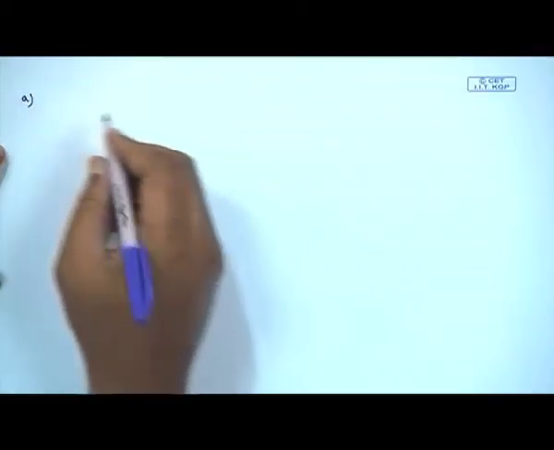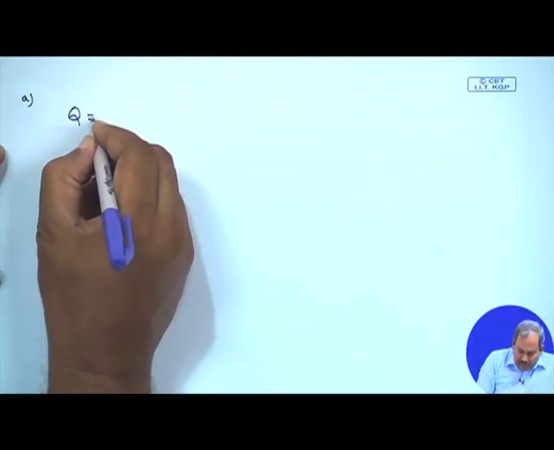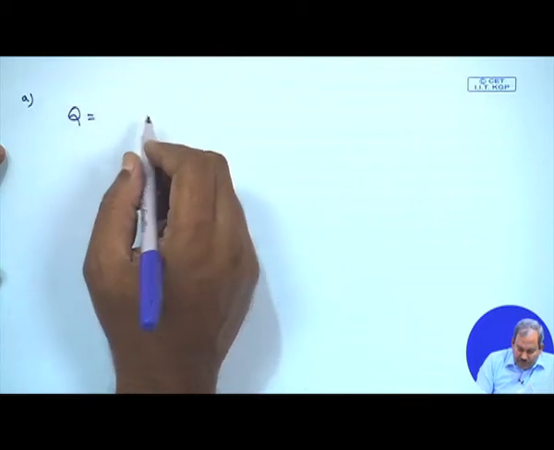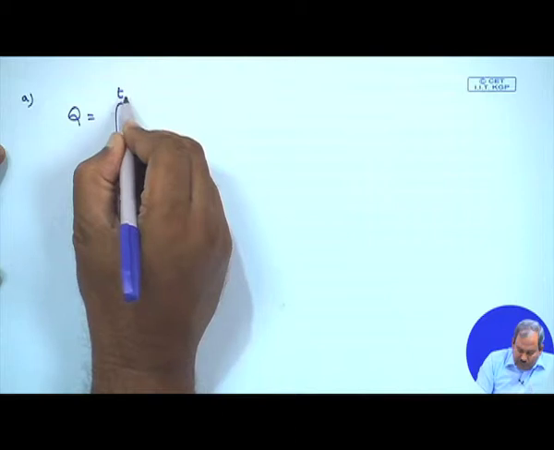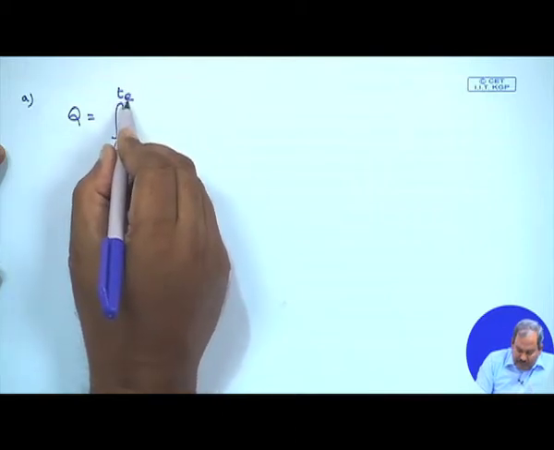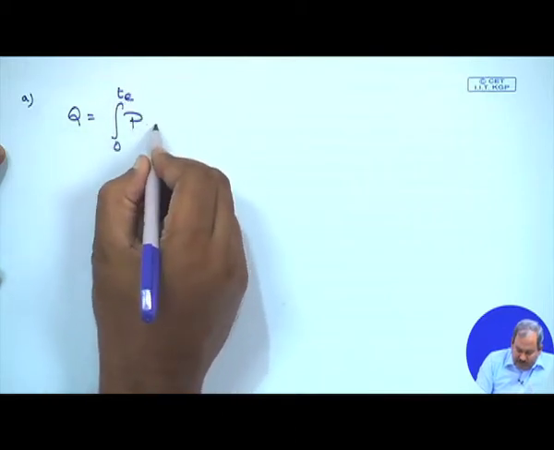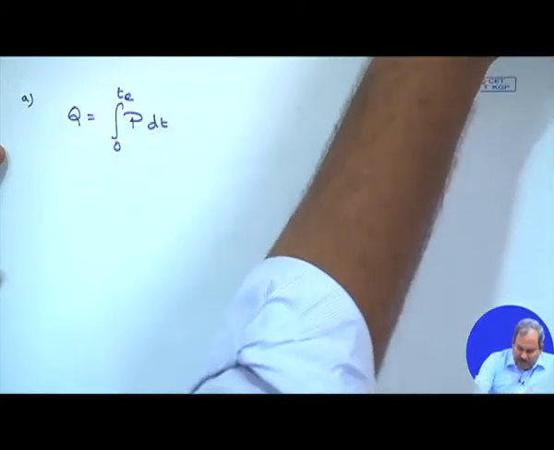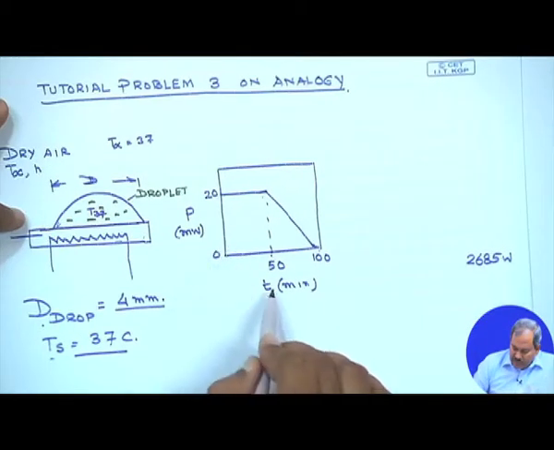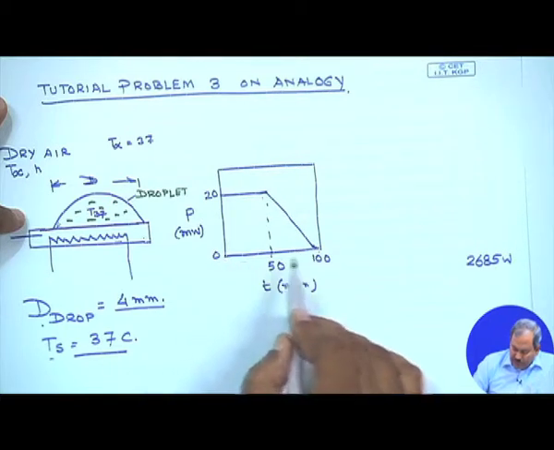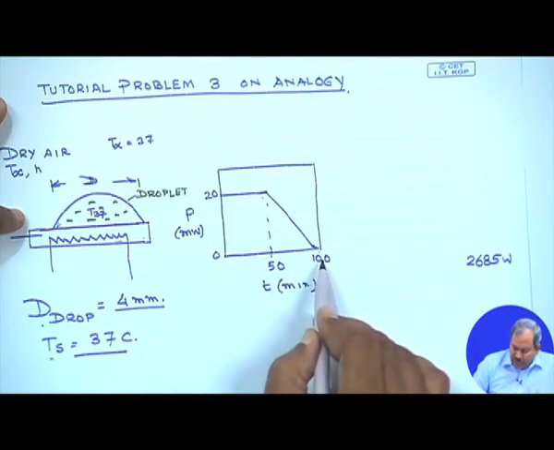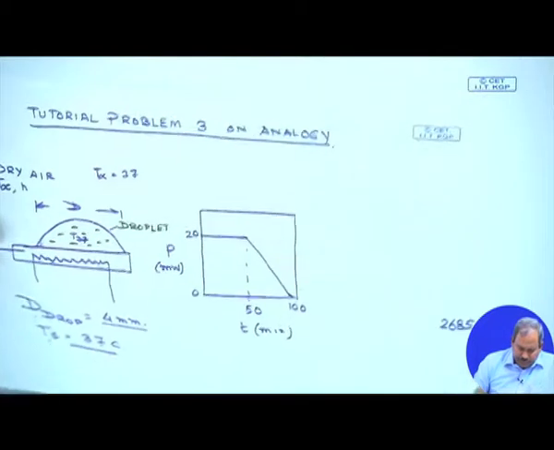So, for part A, we can find out the total amount of heat to be supplied to the heater by an integration from 0 to Te, where Te is the total evaporation time, of power times dt. This is the power-time curve, from 0 time to 100 minutes, which is the Te that I have used here.